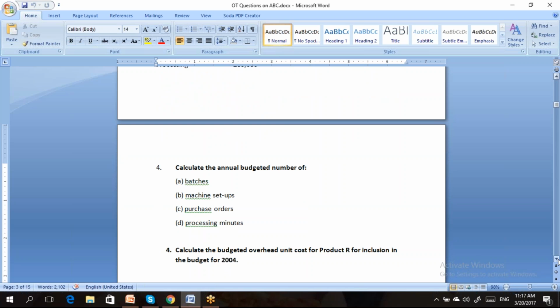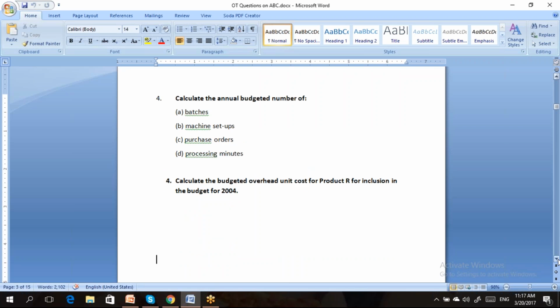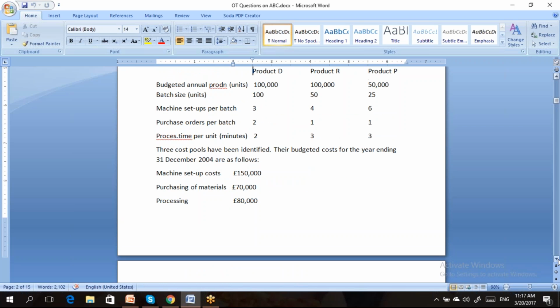Now we have been asked to calculate the budgeted overheads for inclusion in the budget for 2004. Where did we go wrong? Because now they are going to change it for activity-based budgeting. What you did was take the budgeted cost per setup, 150,000 divided by 23,000, 6.52 per setup.